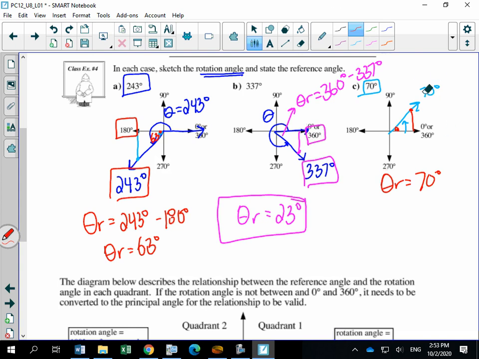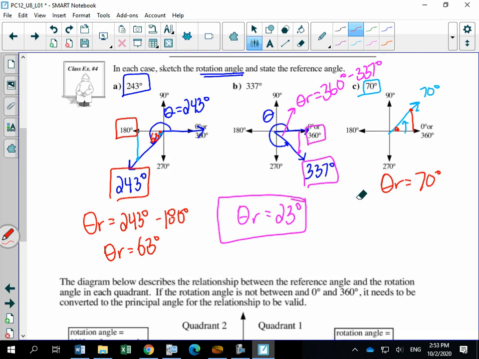Quadrant 1, if you want to make note, it's the one quadrant where your rotational angle, your principal angle, will be the exact same as your reference angle. So if I gave you an angle of 35 degrees and I said, what's the reference angle? It would be 35 degrees.